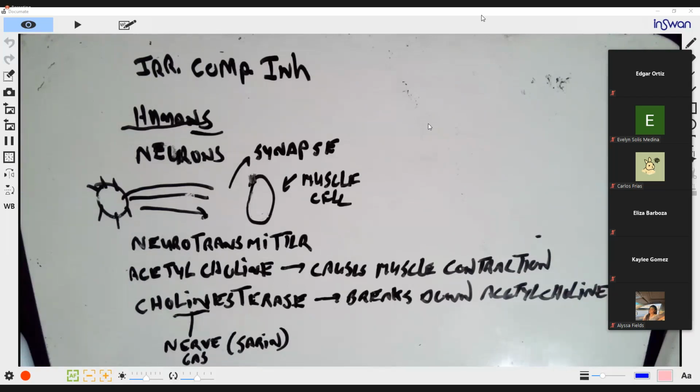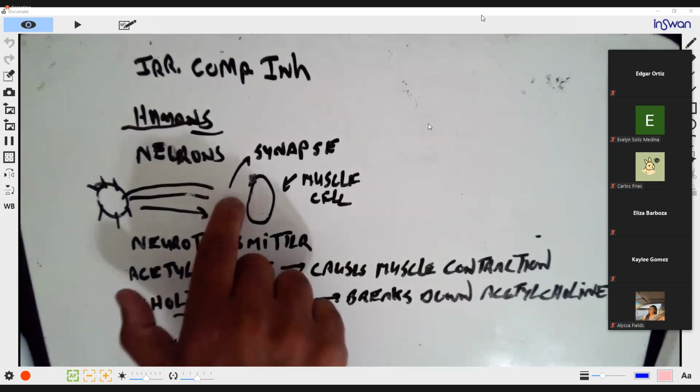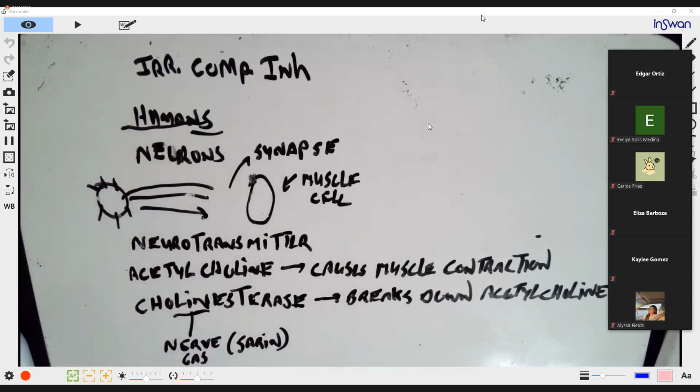A spasm or convulsion occurs because there's too much acetylcholine there. That's one cause of the spasm, because the enzyme's not there to break it down. If the enzyme's not there, you're going to have too much acetylcholine and you go into spasms. But that's not the only cause. Okay, thank you. Sure.